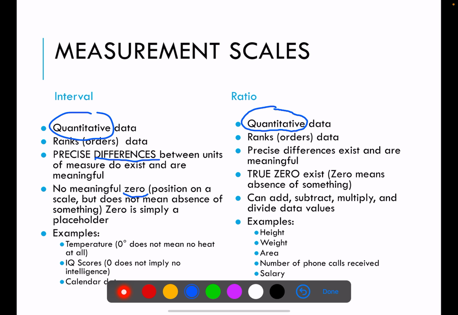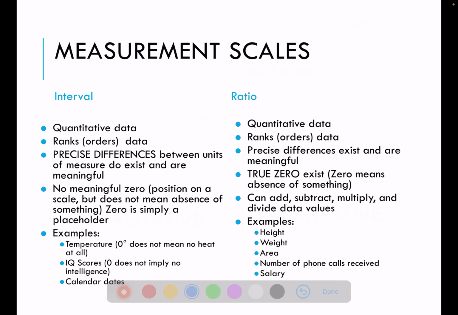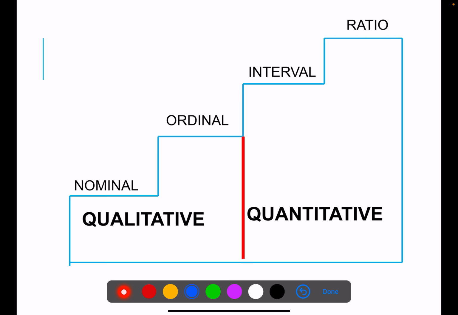For example, the height, the weight, area, number of cell phone calls received. So those are ratio data, and what's important is a true zero exists, and you can subtract and divide those data. Let's take a look at this graph to help us remember it better.